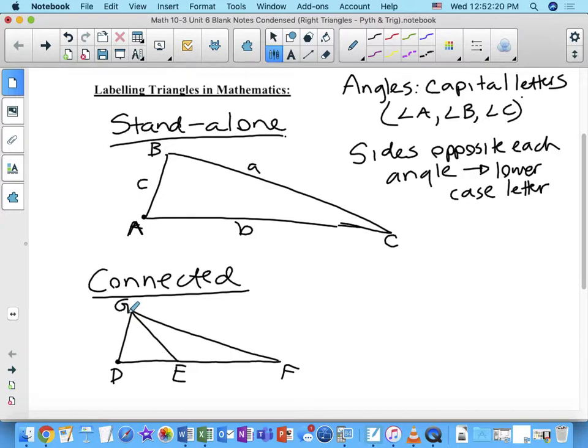Why can't I do that with the connected triangle, but I can do that with the standalone one? If I wanted to talk about angle G. Here's the point G.